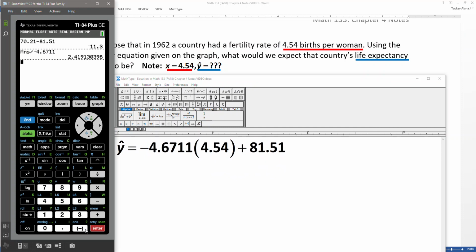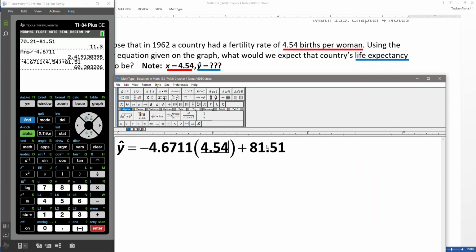Remember, use the negative symbol, which is down here next to the enter. Don't use the subtraction symbol because it won't know what you want to do. So negative 4.6711 times 4.54 plus 81.51. Enter. And we get 60.3 roughly.